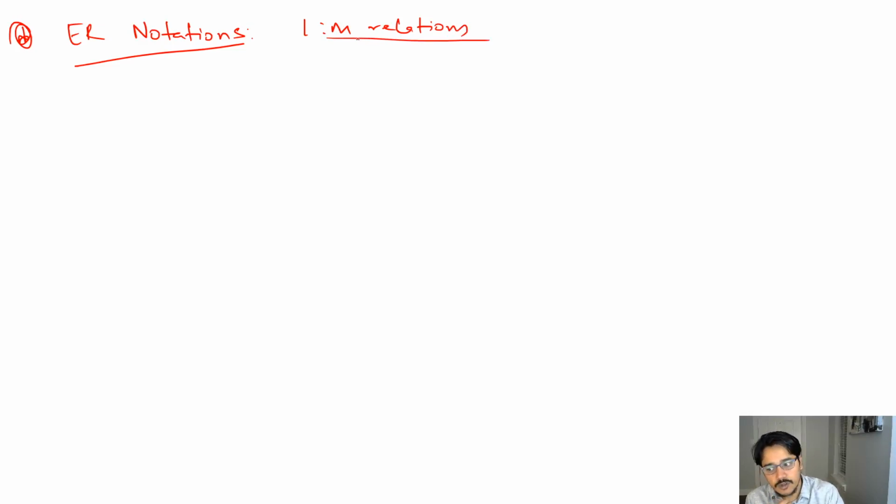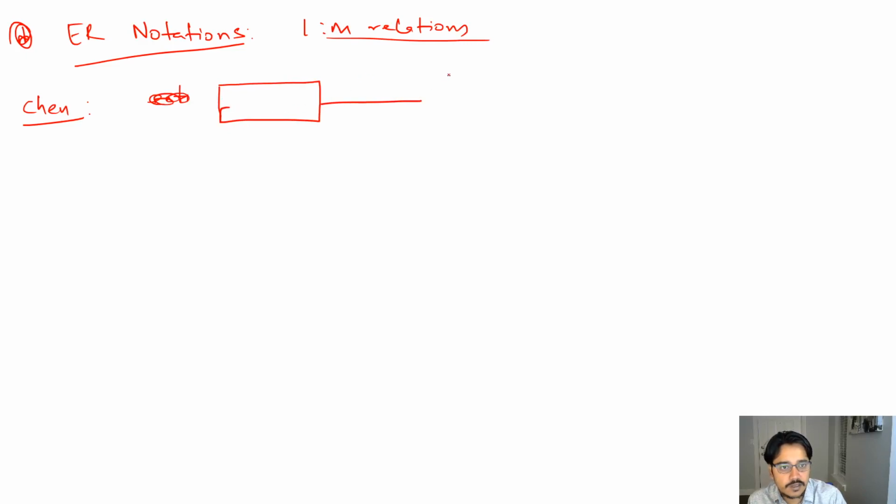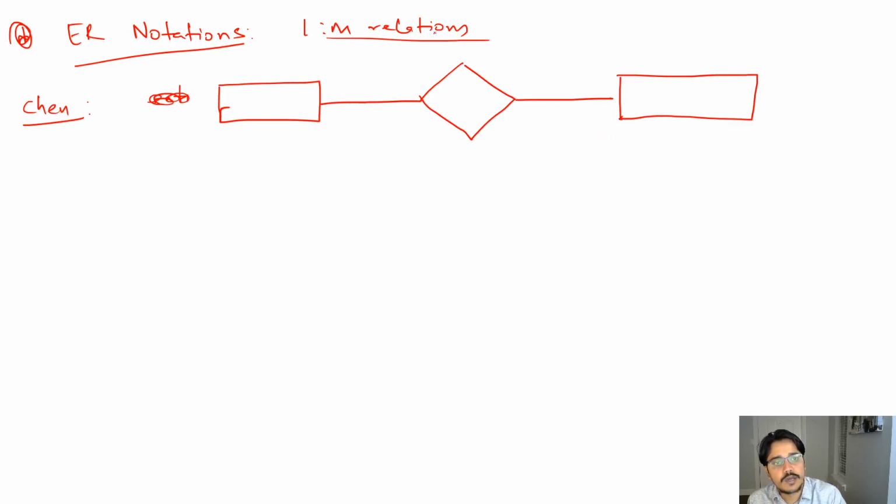In the Chen notation, entities are represented as rectangular boxes, and the relationship between the entities is labeled in diamond-type shapes. Now if you're going to represent a 1:m relationship, let's say professor advises student.